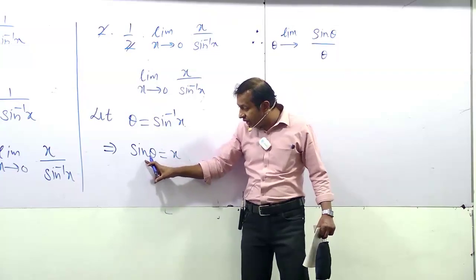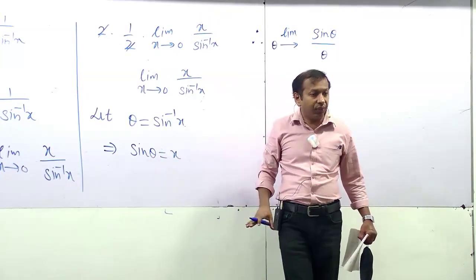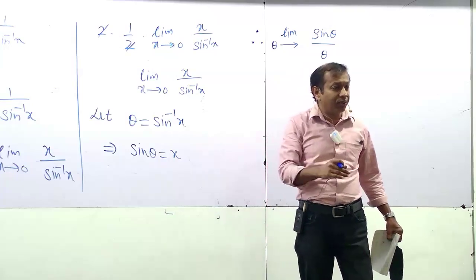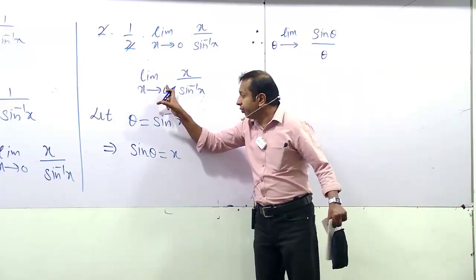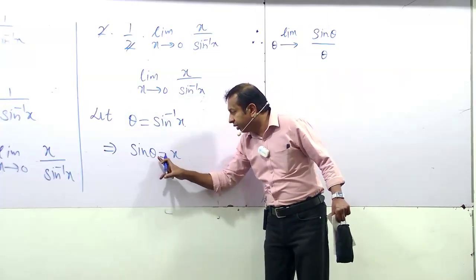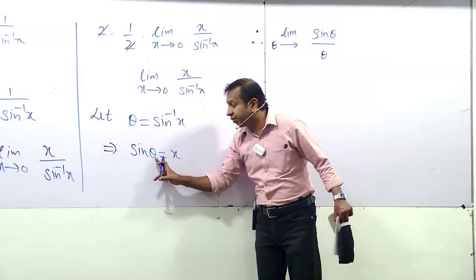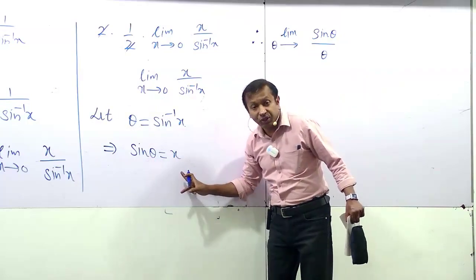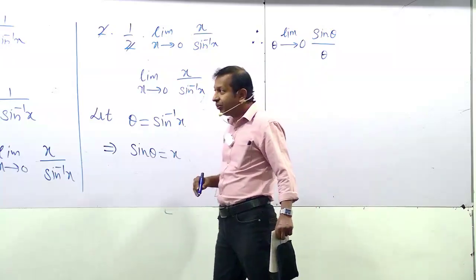For what angle sin becomes 0? 0, no? Sin theta equals 0 means theta 0. That means x going to 0 we can write as theta going to 0. Understand? Then here we write this as theta going to 0.